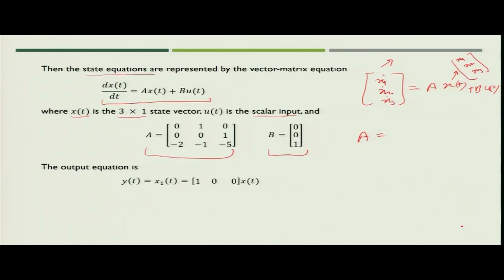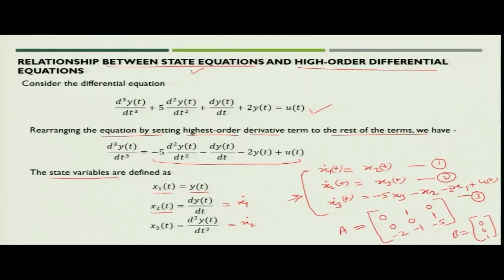Now, the state equation has been compiled. Next, we need to find the output equation. If you see this equation, x1(t) is equal to y(t). We have considered y(t) as the output, because this is what you get when you solve the differential equation.